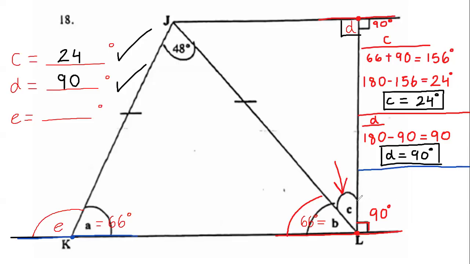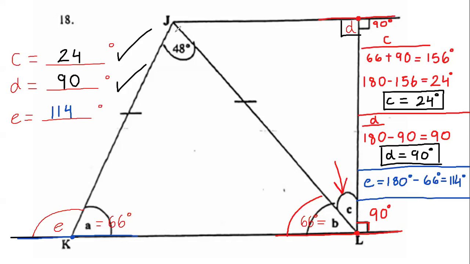Since they're on a straight line at a common point, they must add up to 180 degrees. So in order for us to get E, all we need to say is E is equal to 180 degrees minus 66. And so E is gonna be equal to 180 degrees minus 66. It's what? 114. This is exactly what y'all got, 114, right? So E is equal to 114 degrees.